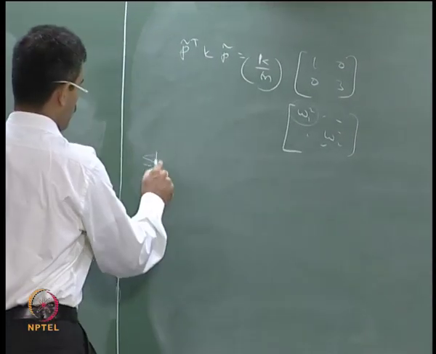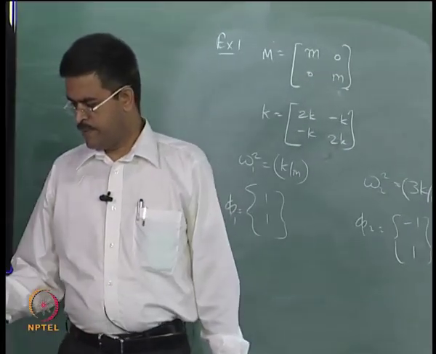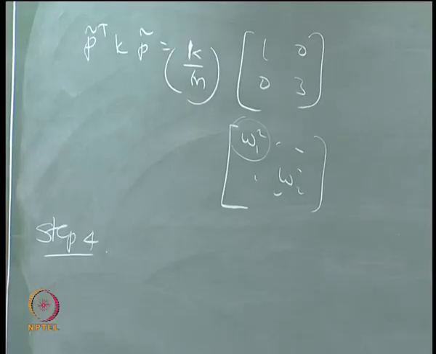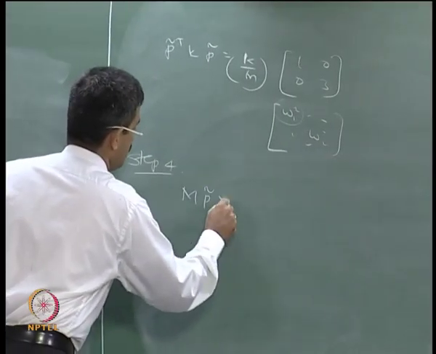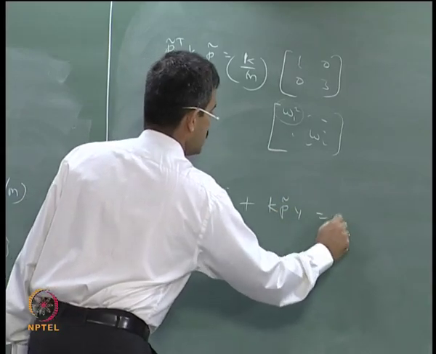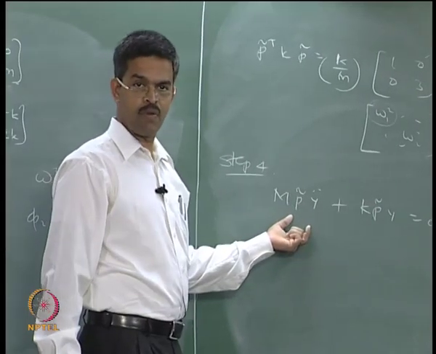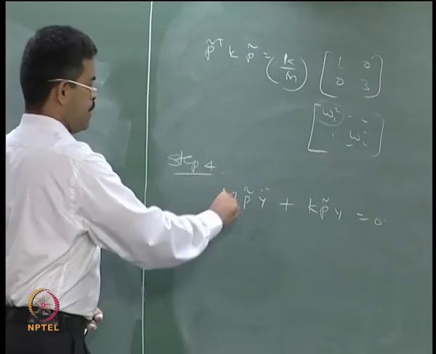So step number 4. We already said m p tilde y double dot plus k p tilde y is 0. I have multiplied this, right. I am transforming the equation from x to y's. Let me pre-multiply with p tilde transpose.